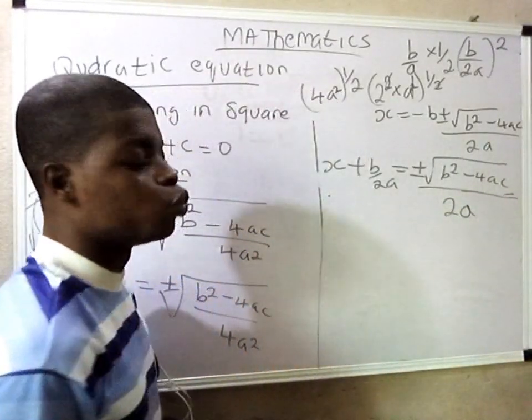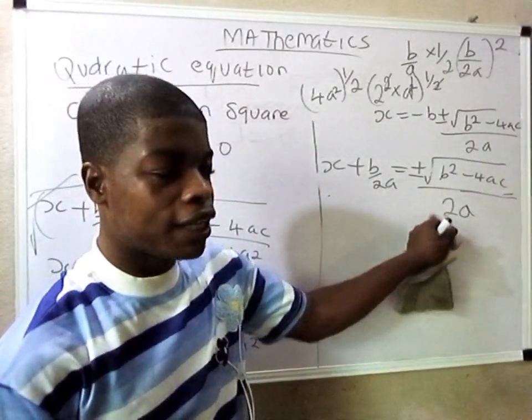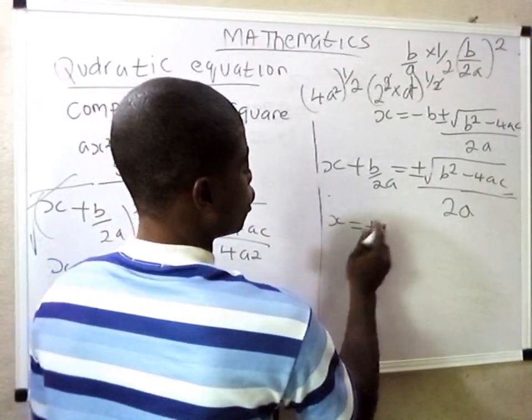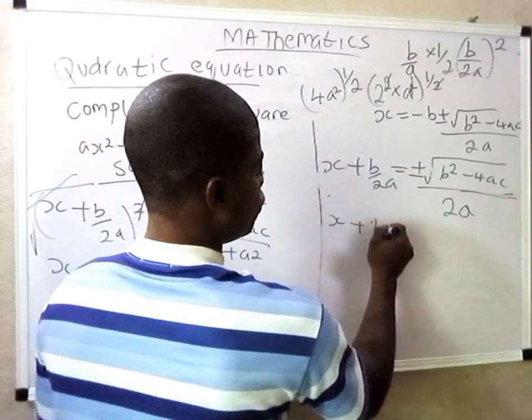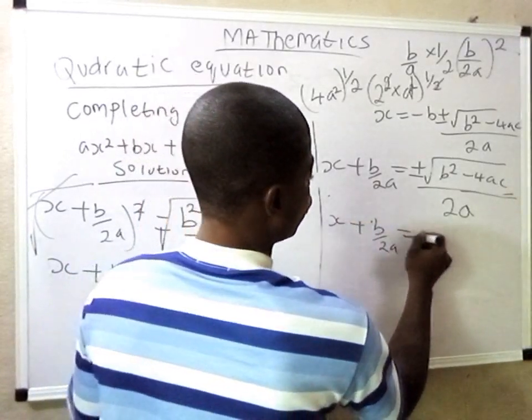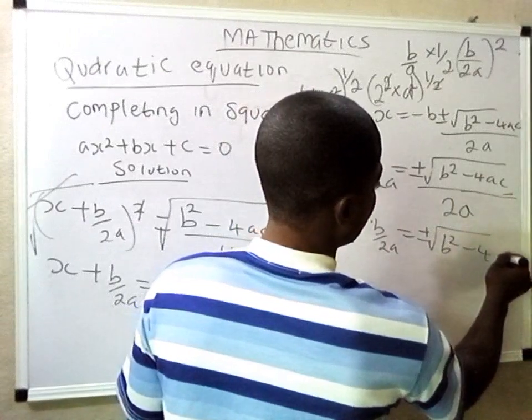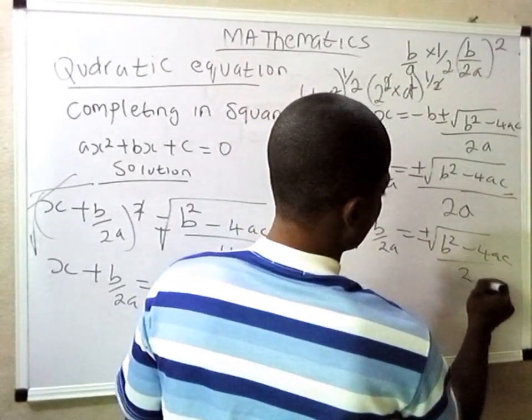So the square root will not affect the 2a again. So it will be x plus b over 2a equals plus or minus the square root of b squared minus 4ac over 2a.